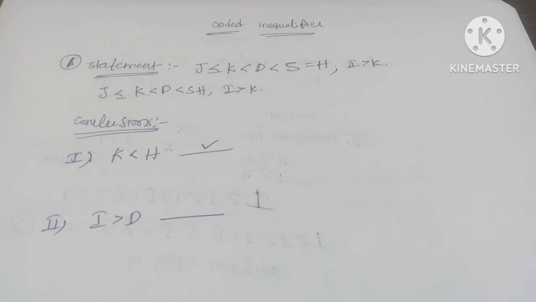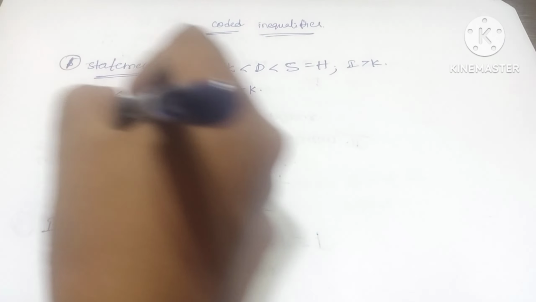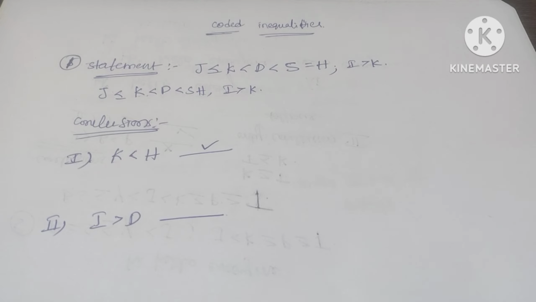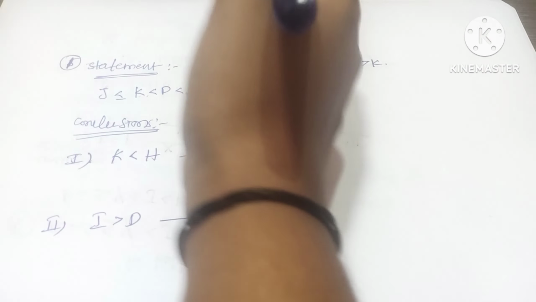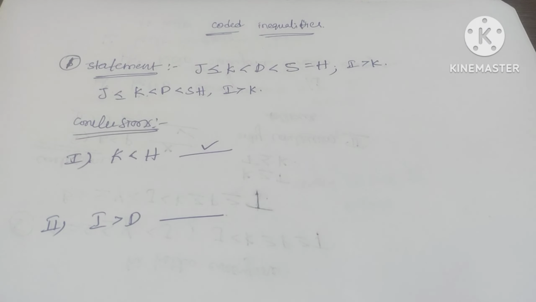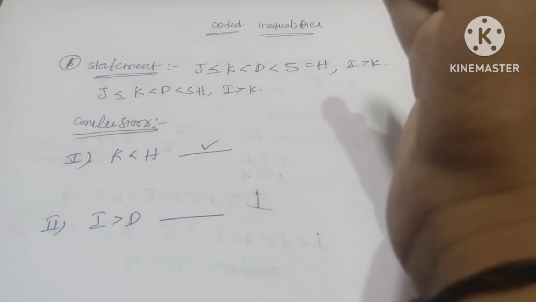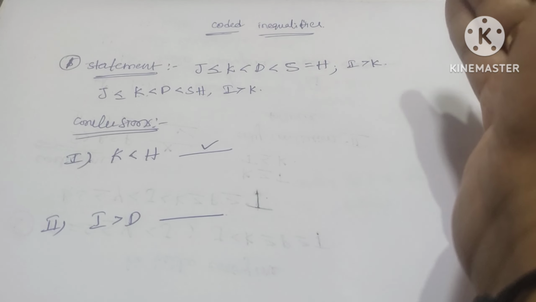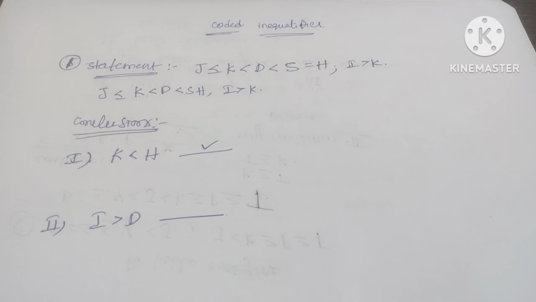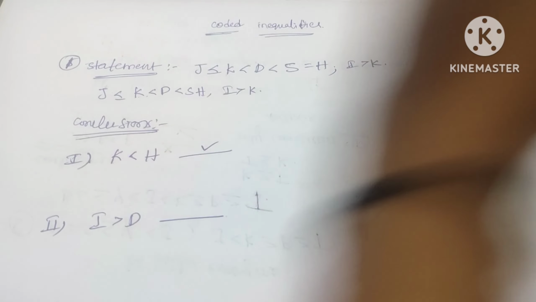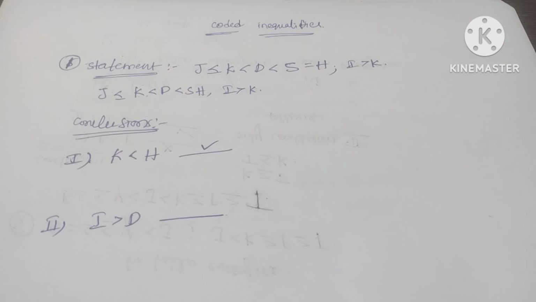Now, I is greater than D. Here I is in one statement and D is in another statement. Now I will explain how to solve this. We have to take the common letter between these two statements, but please don't combine the two statements, as it will take too much time. If a statement ends with a letter and the next statement starts with the same letter, then we combine the statements and get an equation.